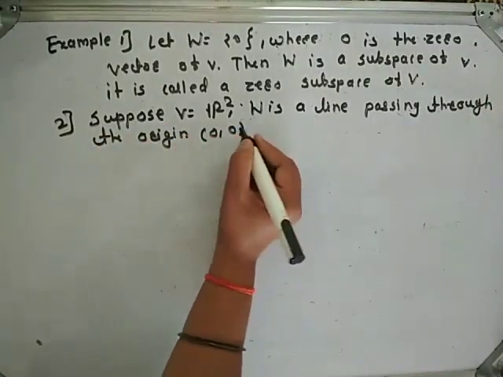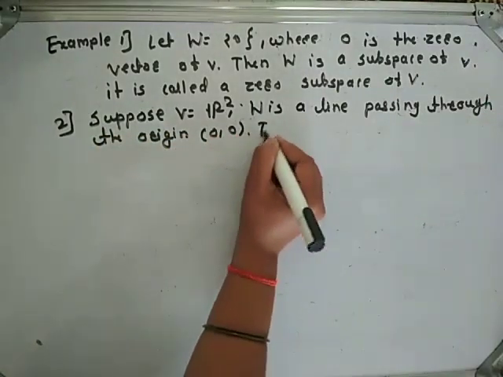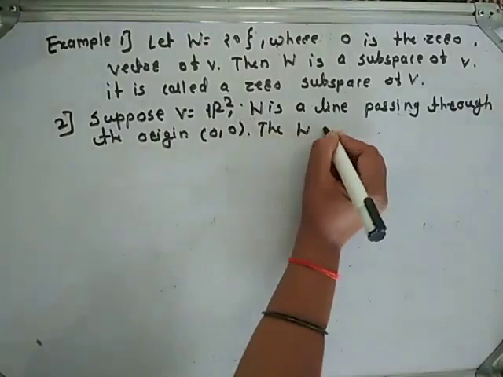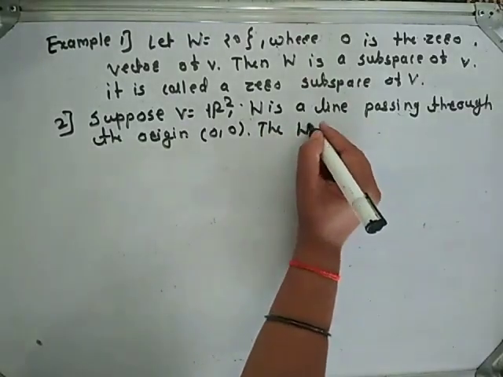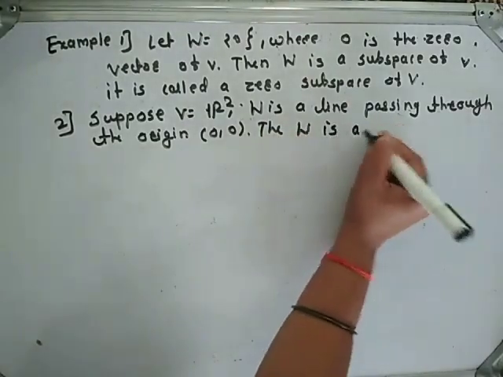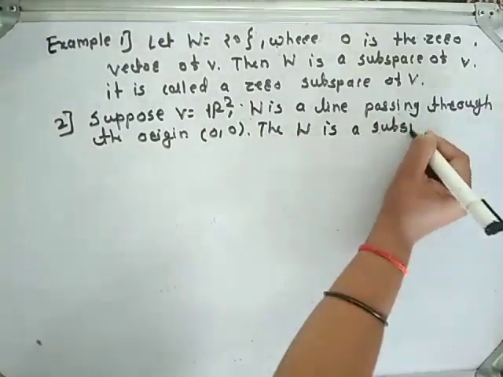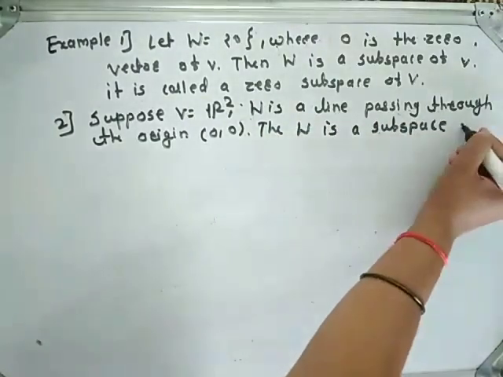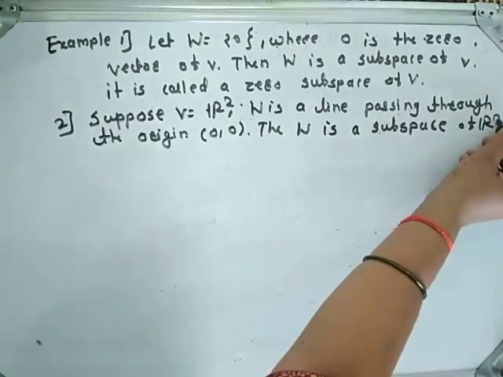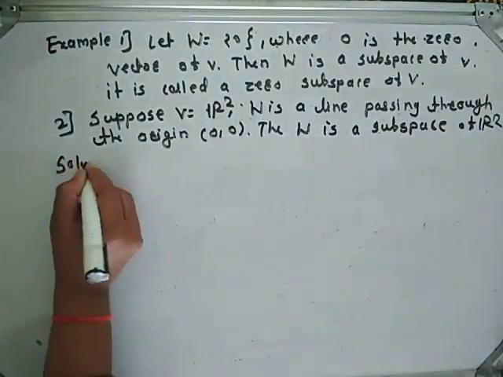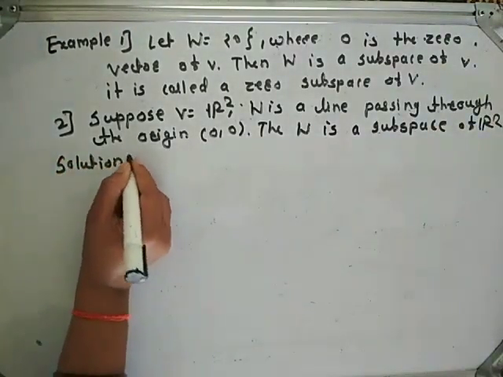Origin means the ordered pair (0, 0). Then W is a subspace of R2. Okay, let us take the solution of this problem.